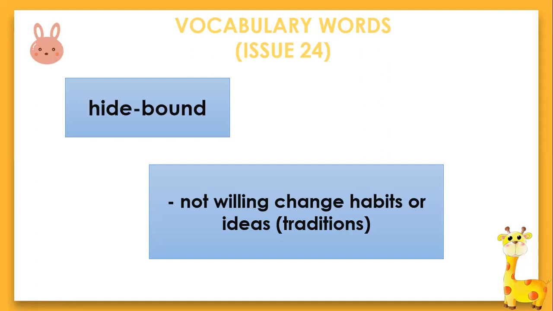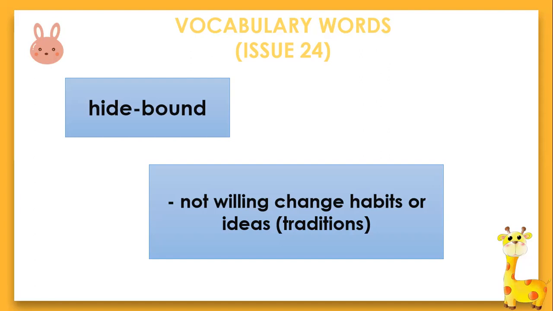My first example was hidebound about lifestyle, right? Another is, I am very hidebound about my study style, like my style in studying, my habits in studying. I'm not willing to change anything about it. So I'm hidebound about my study habits or style.